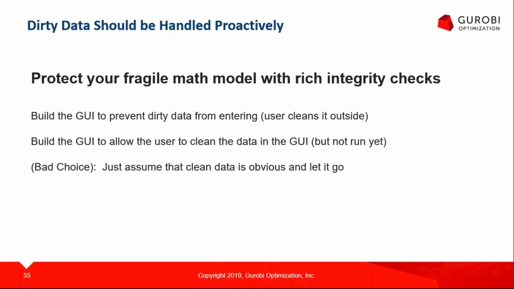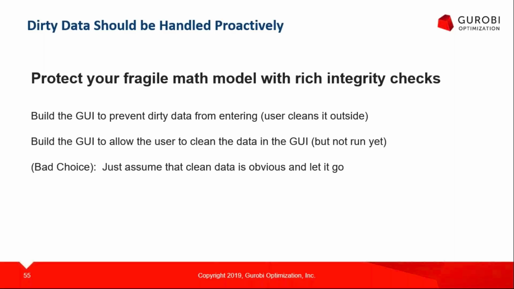Now, of course, what could very easily end up happening is the bad choice, which is just assuming that a zero won't be entered there. We have sophisticated users. They know that no product weighs zero, so they're never going to enter a zero. That's not a realistic assumption, because dirty data is just a fundamental part of modeling.